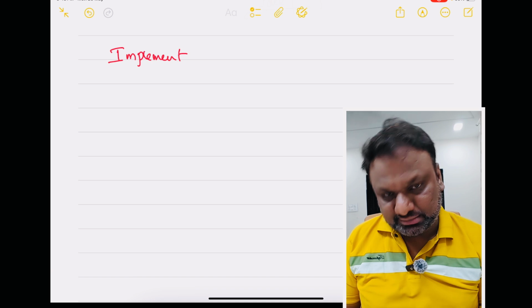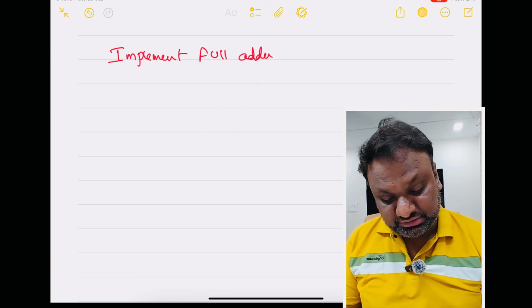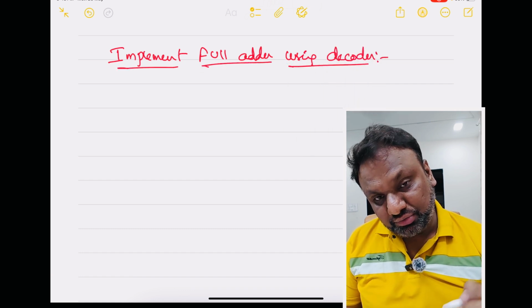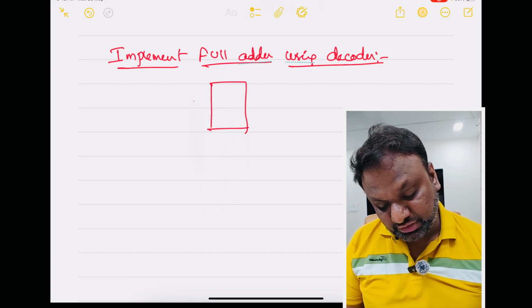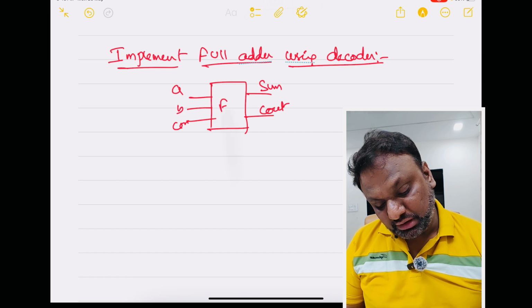Let us implement full adder using decoder. Okay, so full adder means how many inputs? 3 inputs. What are they? A, B, C in, and I have 2 outputs, sum and C out. Correct?